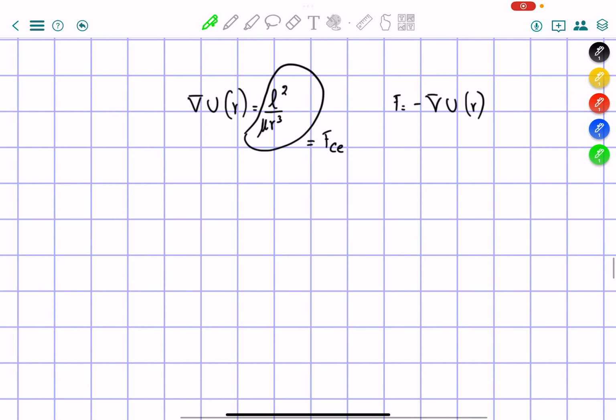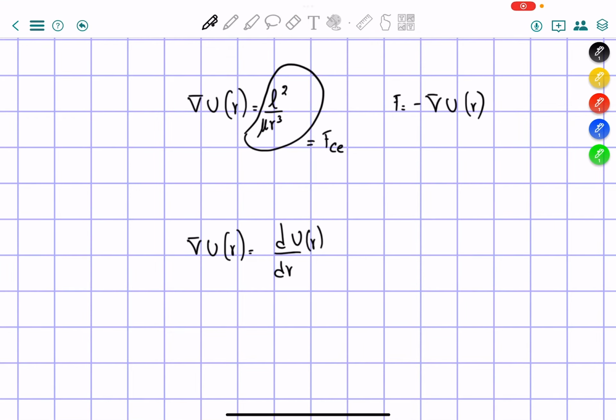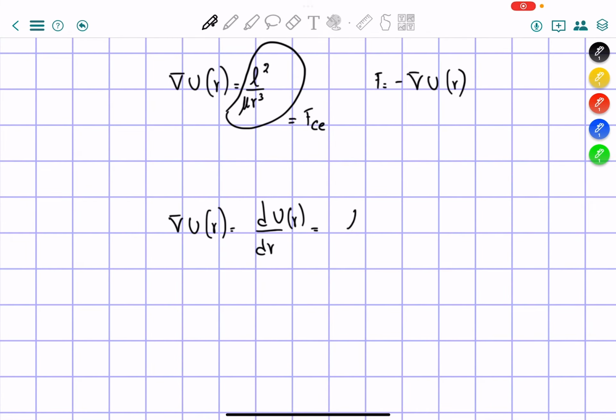So now we know that this derivative of u with respect to r, which is du over dr, equals L squared over mu r cubed.